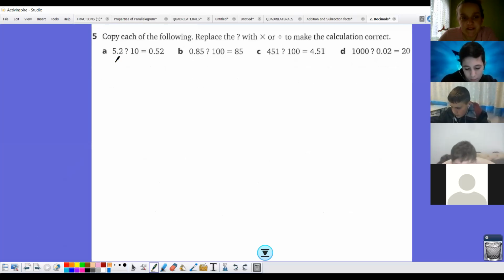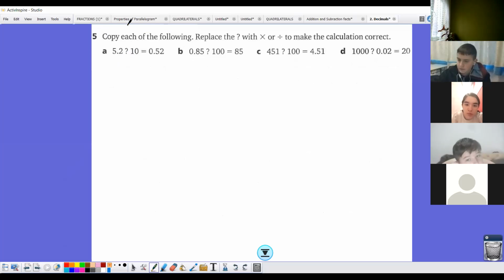Here we have numbers, but we don't have the operation between them. Oh, okay, I understand. What will it be, for example, if you have 5.2 and 10 here, do you have a division or a multiplication?